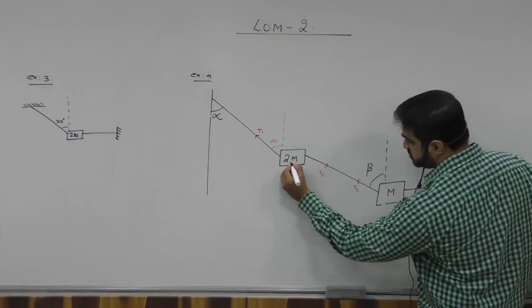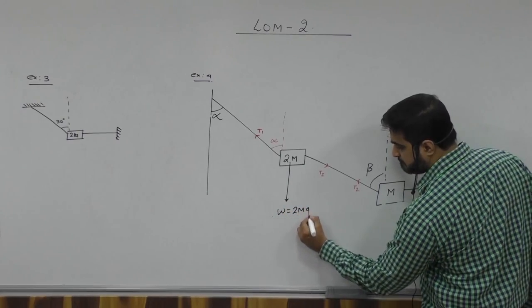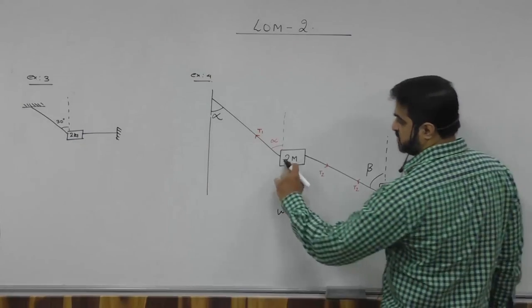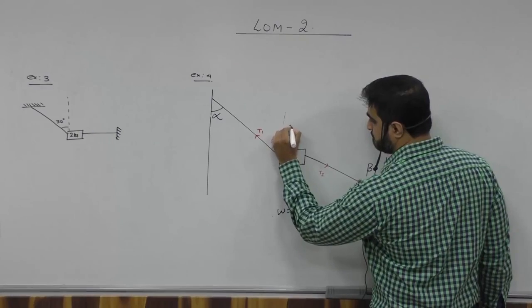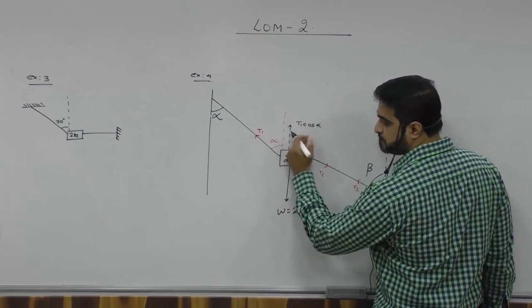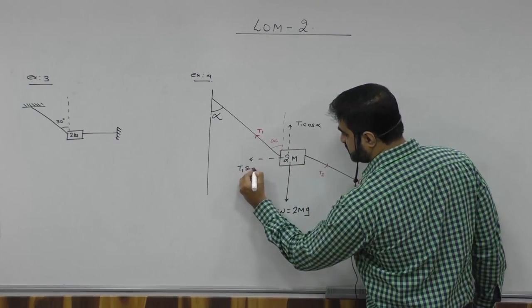How much is the weight of this? 2 mg. Weight is 2 mg. Right? Can I say if this is T1, what will be this force? T1 cos alpha. And this will be how much? T1 sin alpha.